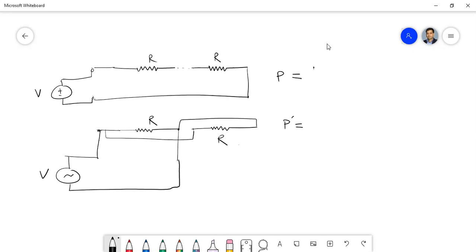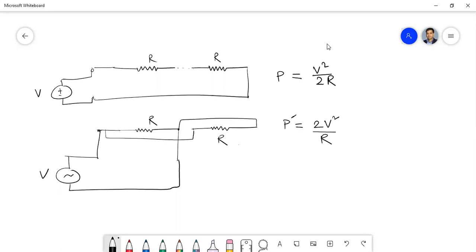Second one V square by 2R. Okay. And for the second case, 2V squared by R.